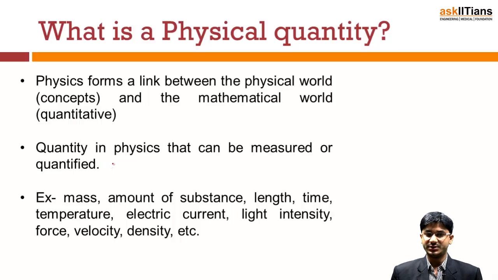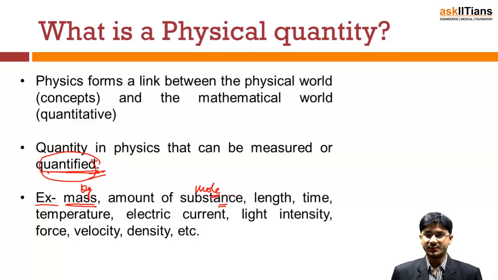These quantities in physics are quantified, meaning we assign a value to them, a scalar value, a magnitude, after the measurement. Examples: when we measure mass, we give it the unit kg, like 5 kg or 10 kg. Then we have the amount of substance that we measure in terms of mole.